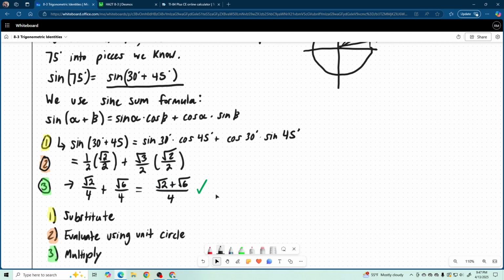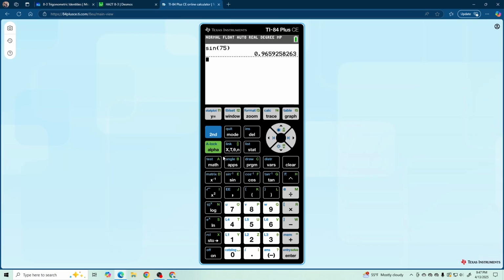So real quick, just to show you, let's do this just for fun. Square root of 2 plus square root of 6 over 4. So we have square root of 2, let's just evaluate that. Okay, so answer plus the square root of, oh no, it was the square root of 6, shoot.